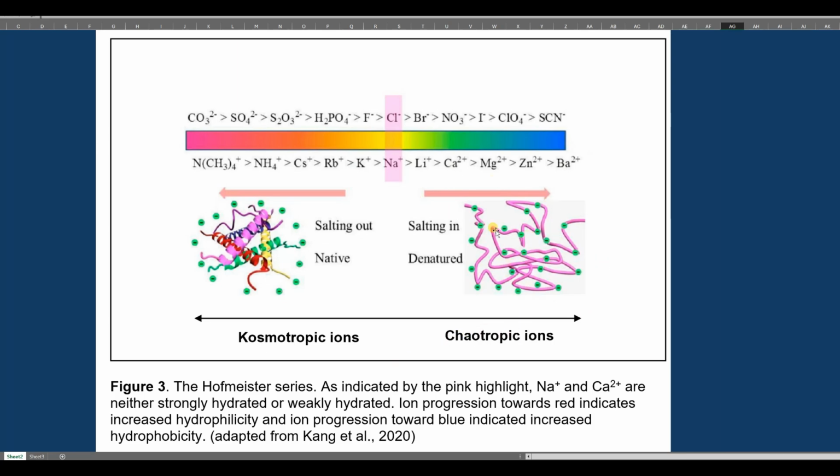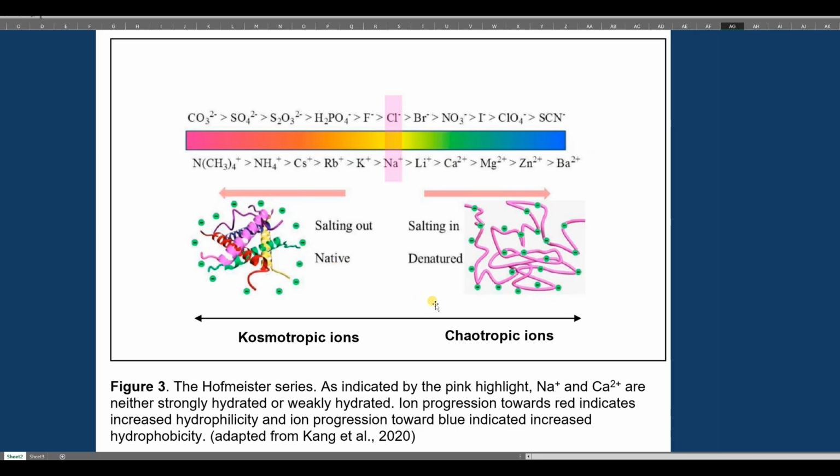I just wanted to show you this because you can see what it does. If you think about zinc, calcium, magnesium, and zinc, they have more propensity to actually bind to the surface of the molecule versus forming a shell around it, which you see on this side, on the left side.